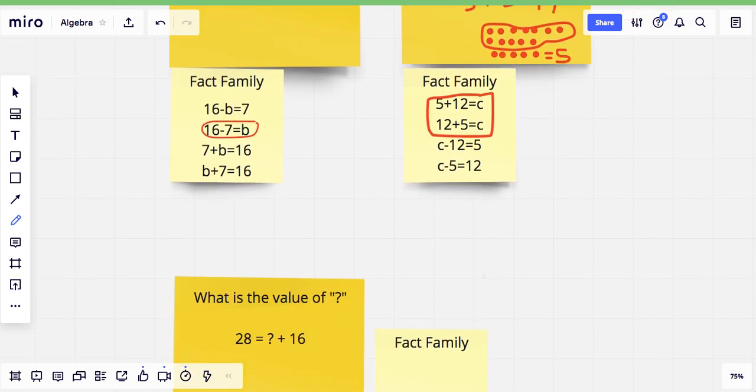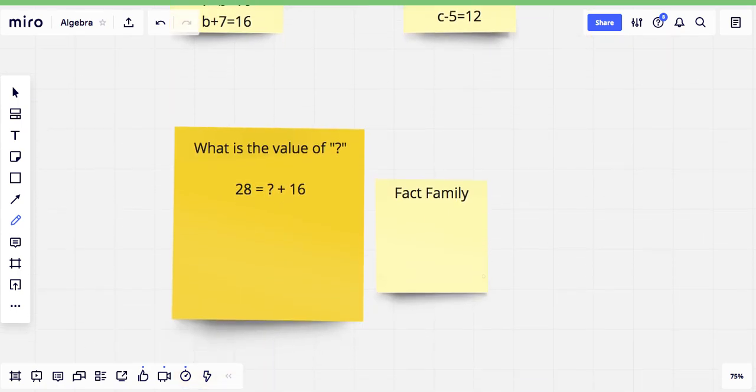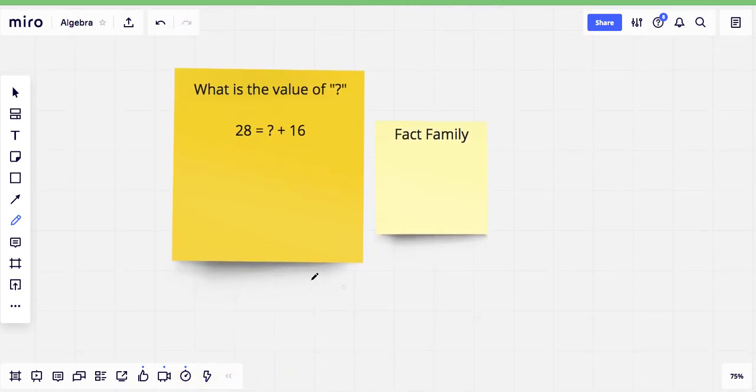And the last one that I want to show you is another expression here. What is the value of the question mark symbol? Remember at the beginning we said that in an algebraic expression, the missing piece could be a symbol. So here is a symbol. We have the question mark. What's it going to be?